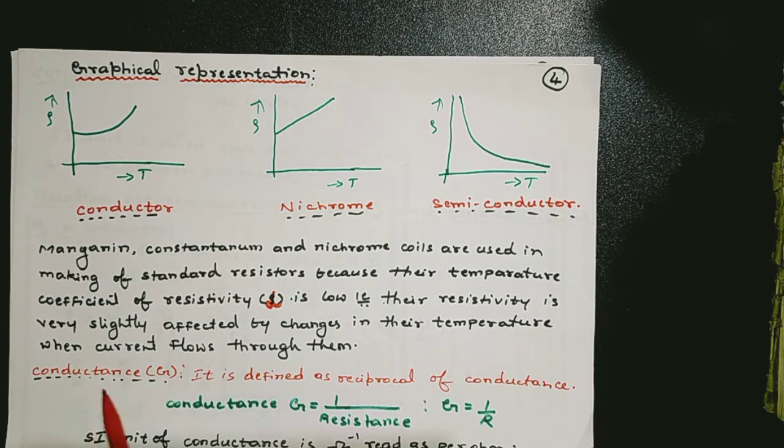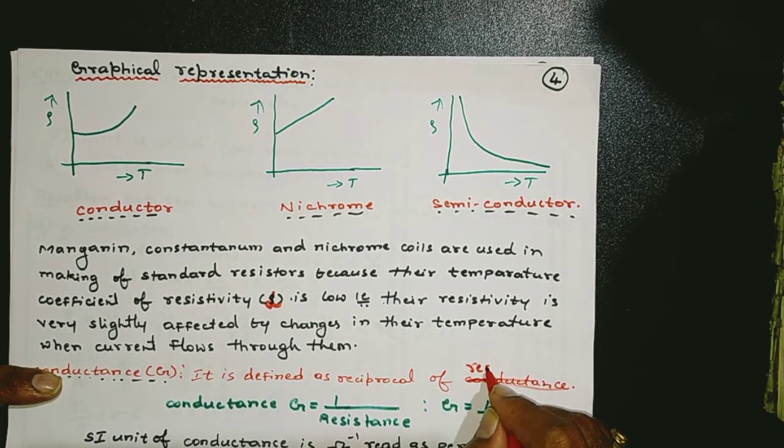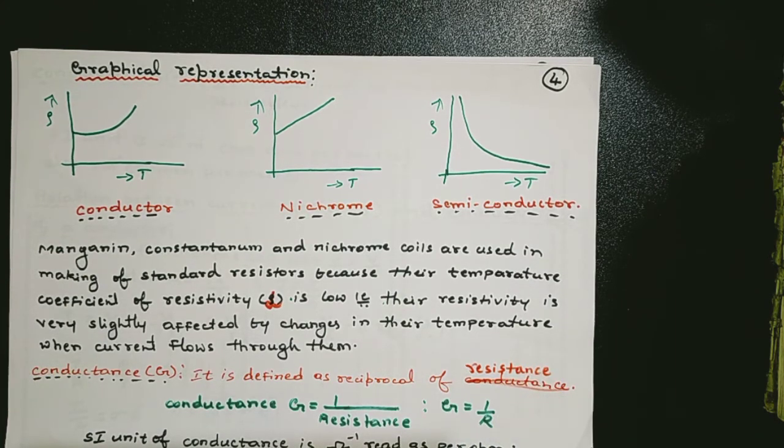Then we have one more term known as conductance, normally represented by G. Conductance is defined as the reciprocal of resistance. So G is given by 1 by resistance.